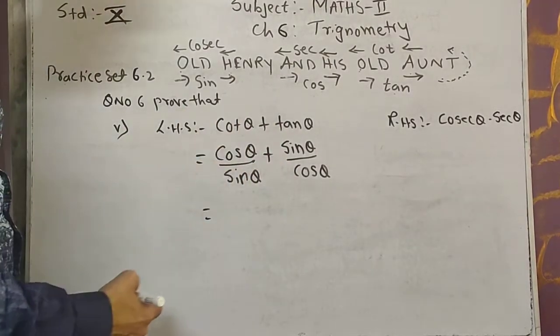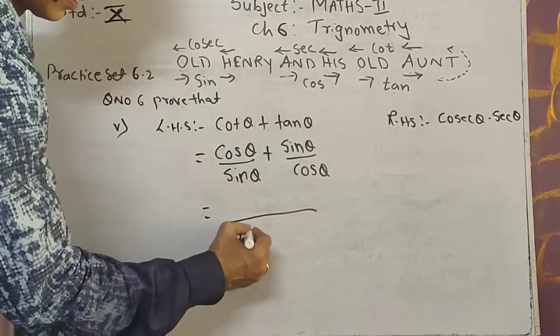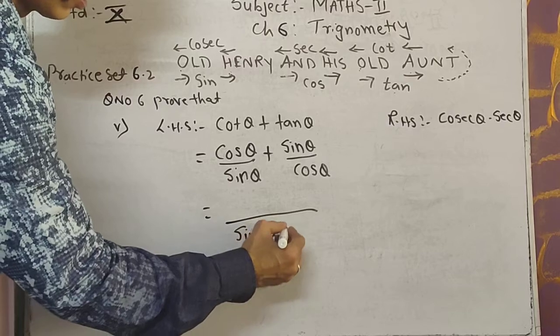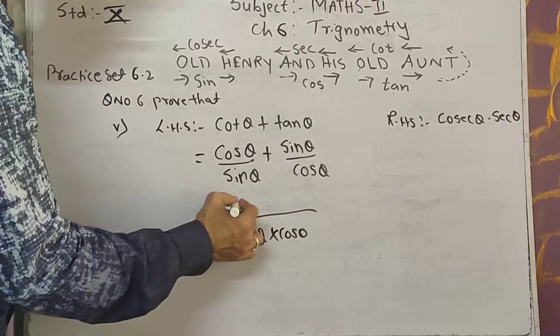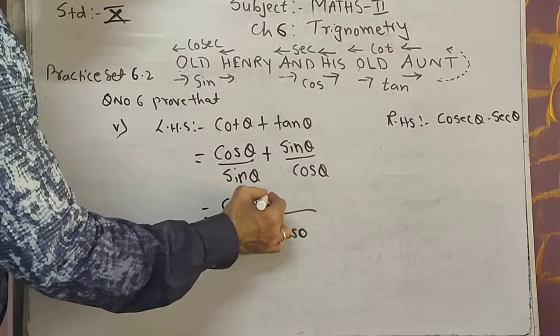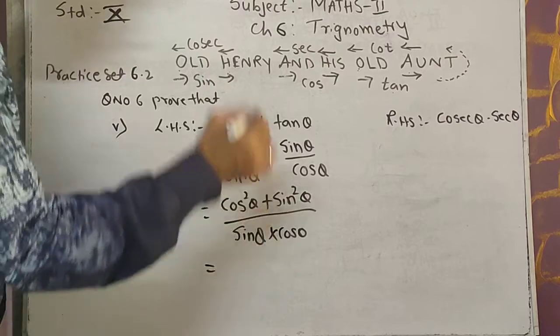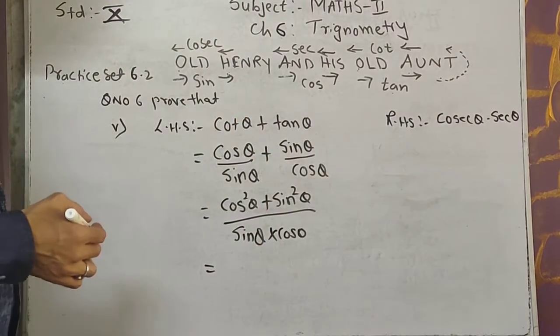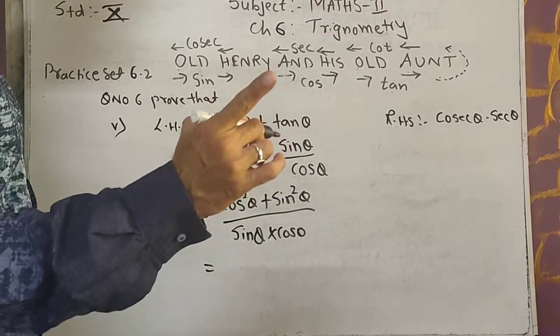Now if you do the cross multiplication, you will get cos square theta plus sin square theta upon sin theta into cos theta. Now you know that sin square theta plus cos square theta is 1.